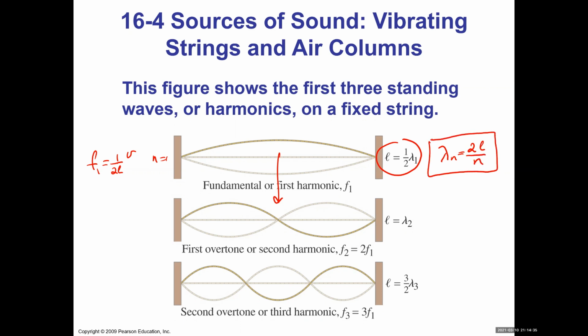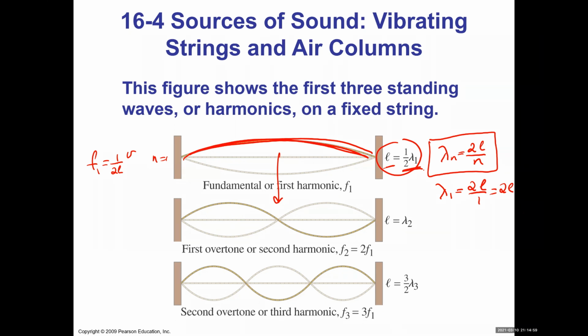So we can use this general equation to always relate the wavelength for a specific harmonic to the length of the string. If it's lambda_1, that means the first harmonic. So it's equal to 2L divided by 1, so 2L, which means that this shape is only half of the wave. That's why in this length L, you see only half of the wavelength.